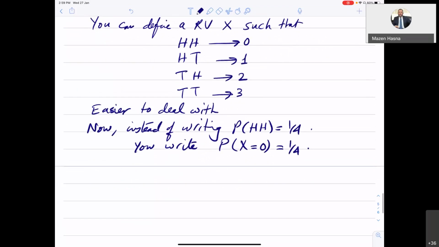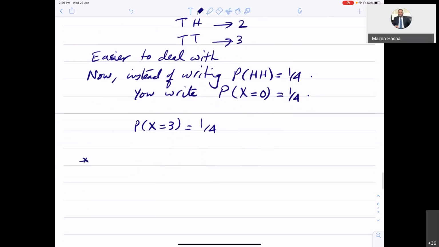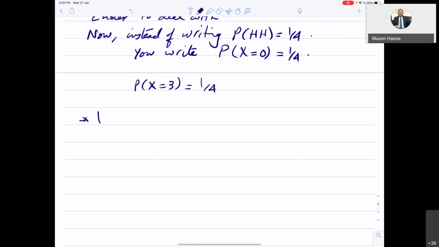What's the probability that X equals 3? Again 1/4. So no longer do we say the probability of HH or TH or HT and so on. So we use capital letters to represent random variables, the name of the random variable.